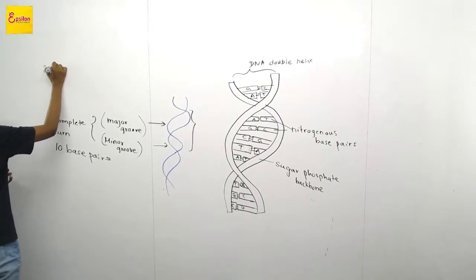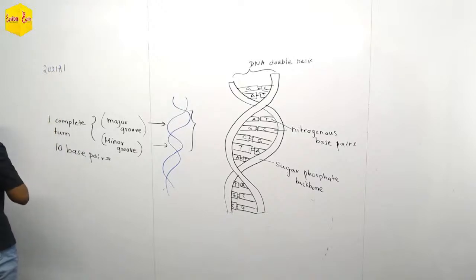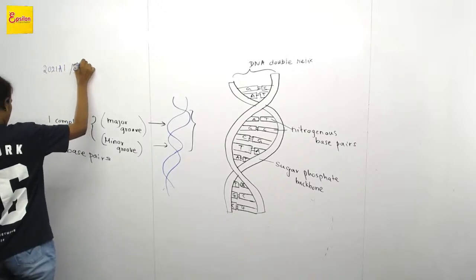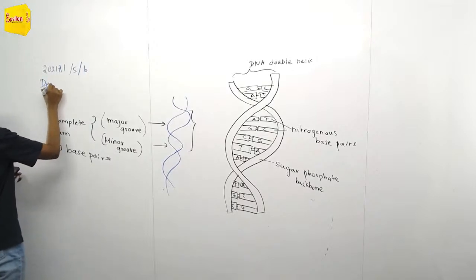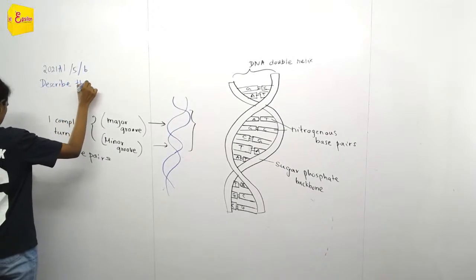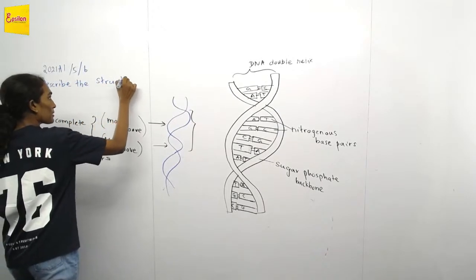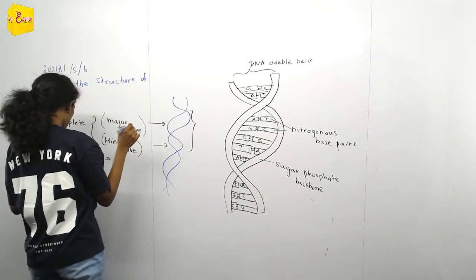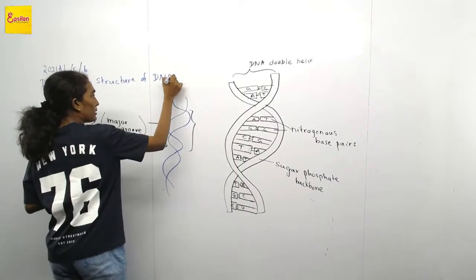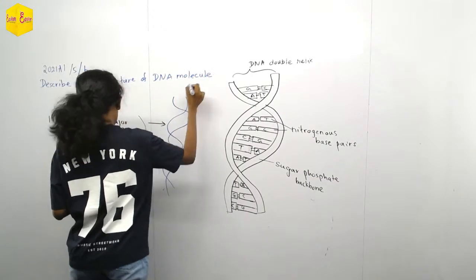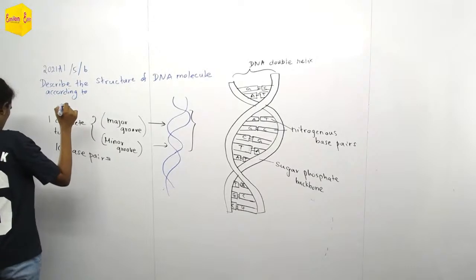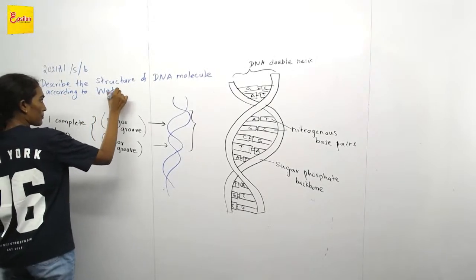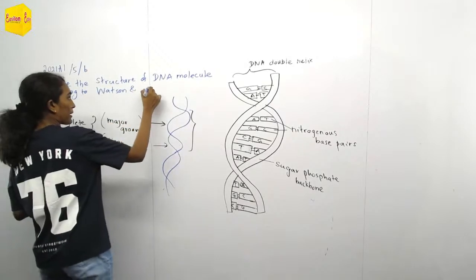This is 2021 A level, question number 5, part B. Describe the structure of the DNA molecule according to the Watson and Crick model.